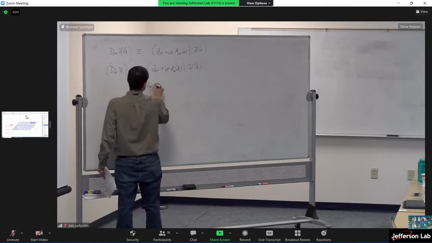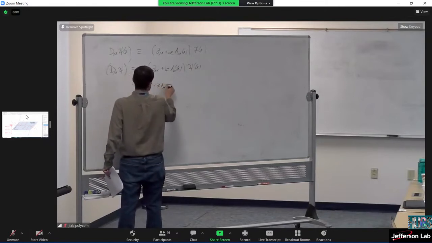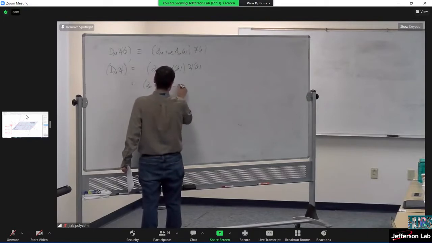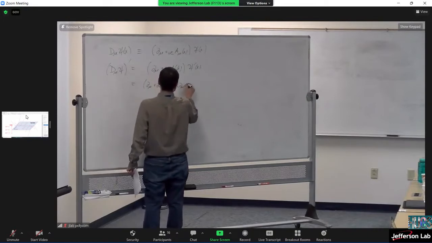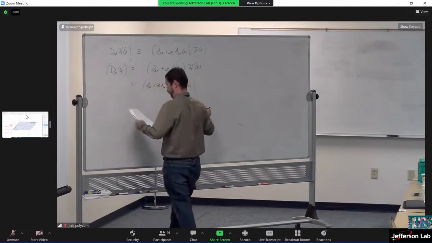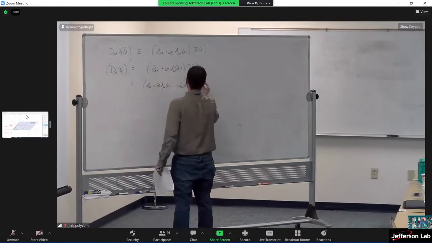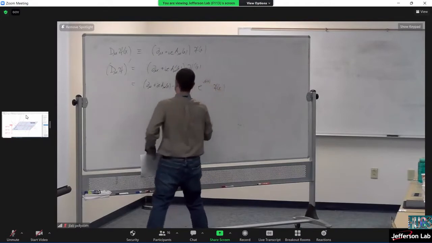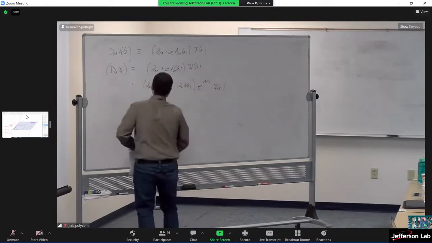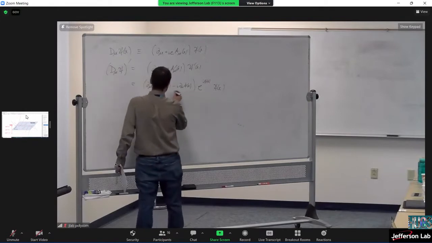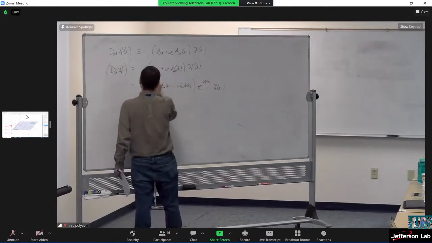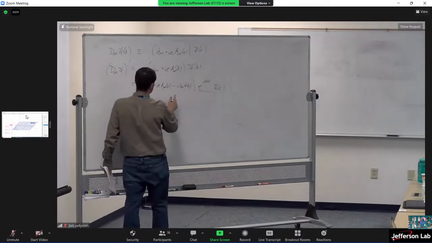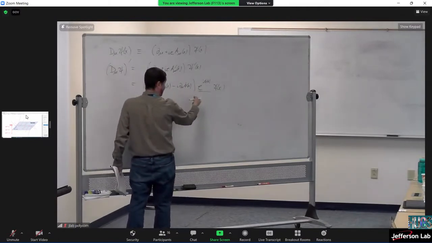I get d mu plus i e a mu of x. The transformation of a comes in with an extra minus i d mu phi of x. And then the transformation of psi is e to the i phi of x psi of x. And this extra term exactly compensates for the contribution that comes when this derivative acts on the scalar field up in that exponent. So this extra derivative gets canceled out.